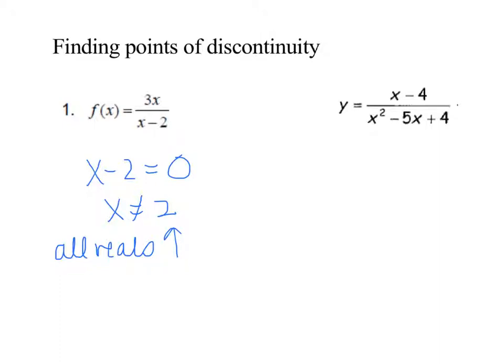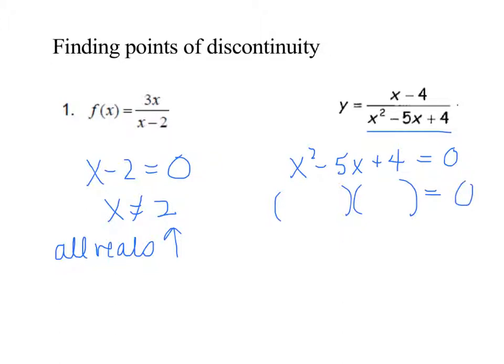All right, so on the second one over here, I'm going to be dividing by this, so I'm going to set x squared minus 5x plus 4 equal to 0. Well, remember from a quadratic, the way to do this is to go ahead and factor. So I do x times x, the factors of 4 that add up to 5 are 4 and 1, and these are both negative. Then I would set each factor equal to 0.